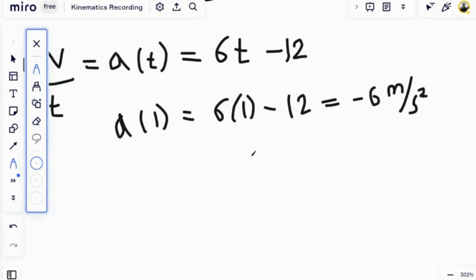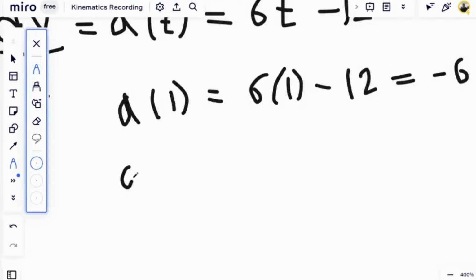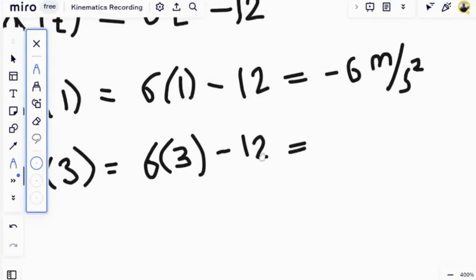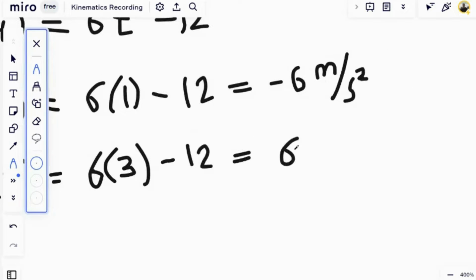Then we can do the same thing with the other time that we solved, which was 3. That one's going to be 6 times 3 minus 12, and that's going to give us positive 6 meters per second squared.